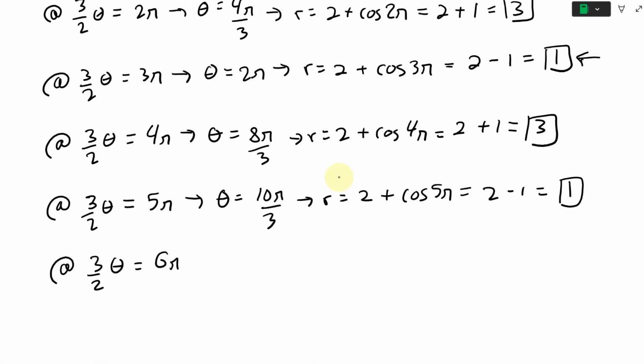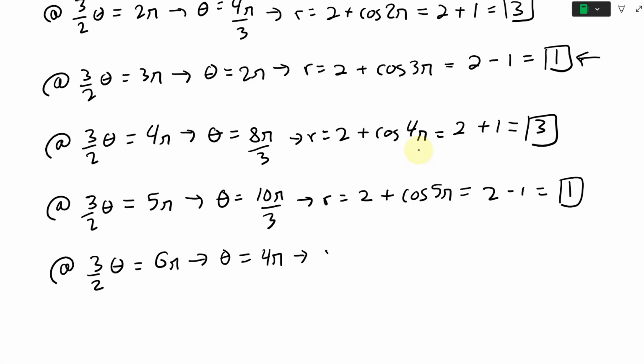At 6 pi, this is just going to be 12 over 3, that's just 4. We can simplify it just because the book was doing that, so I'll just go 4 pi, or just 12 over 3. So every 2 pi over 3, that's the new point we're looking at, where we get a new minimum or maximum.